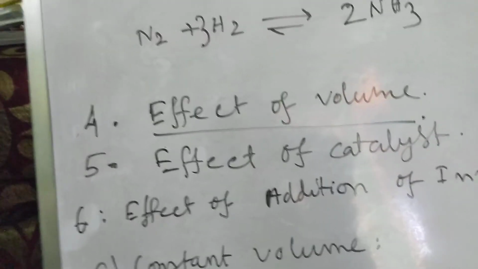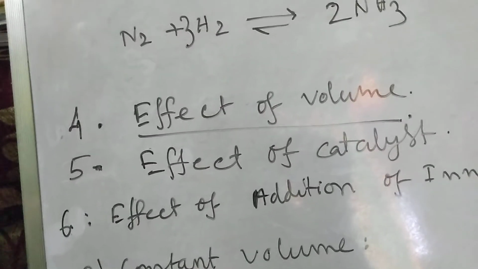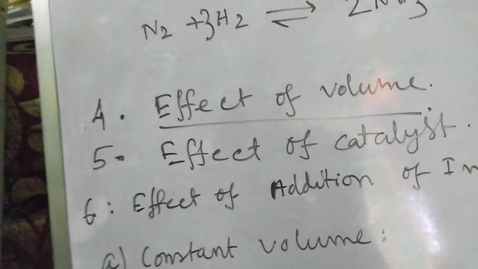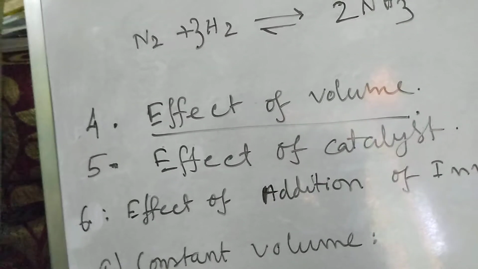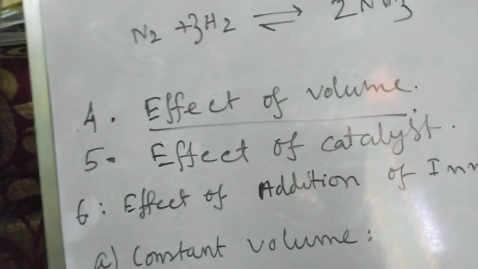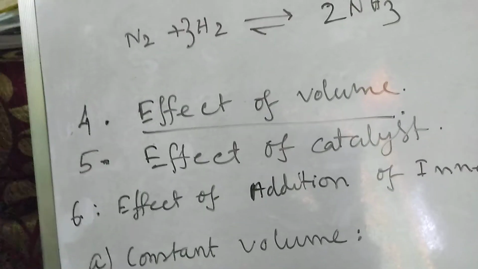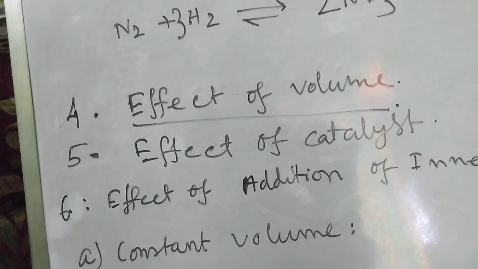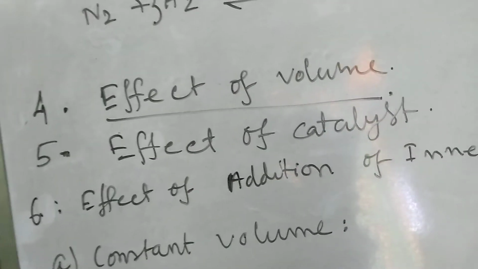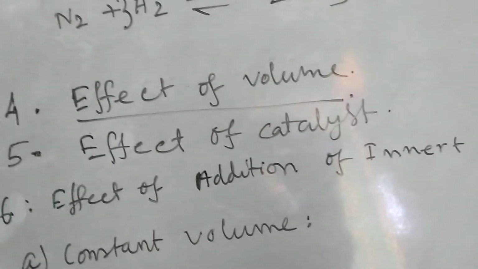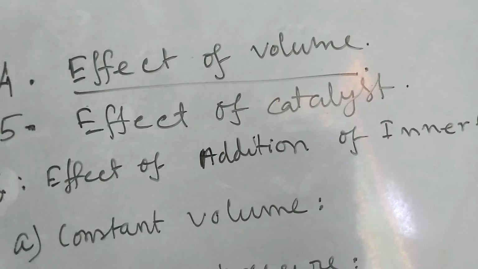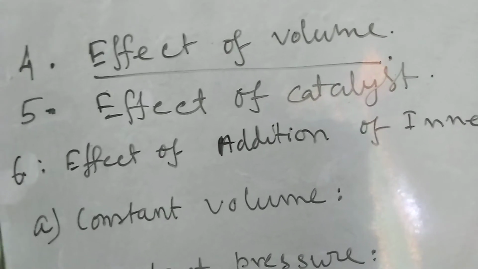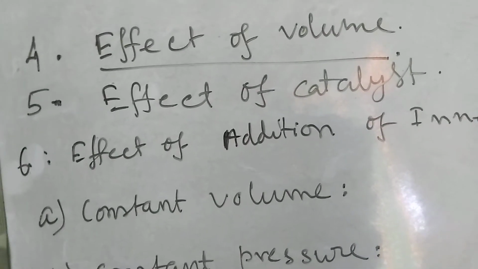Now the effect of volume is just the reverse of the pressure, because pressure and volume are inversely proportional to each other. Now effect of catalyst. There is no effect of catalyst on such equilibrium.